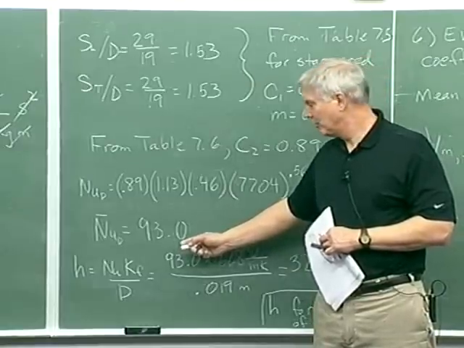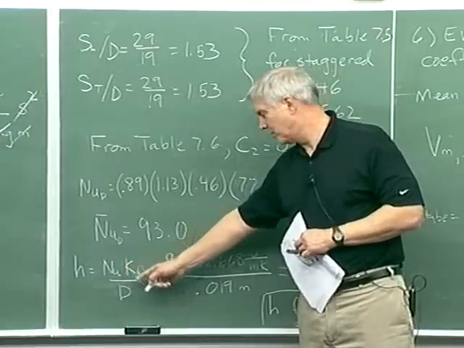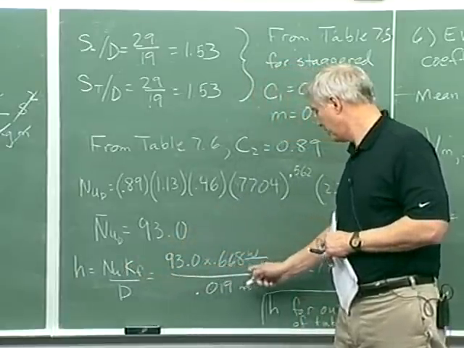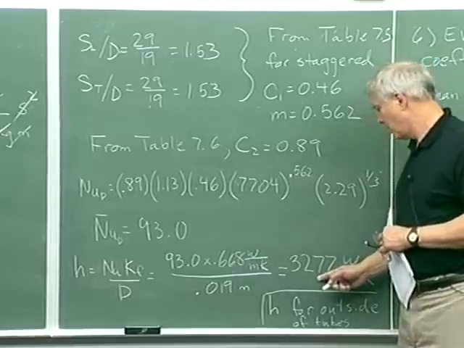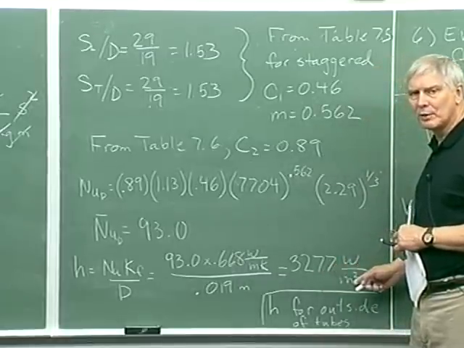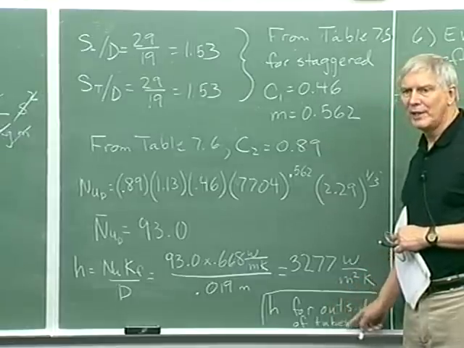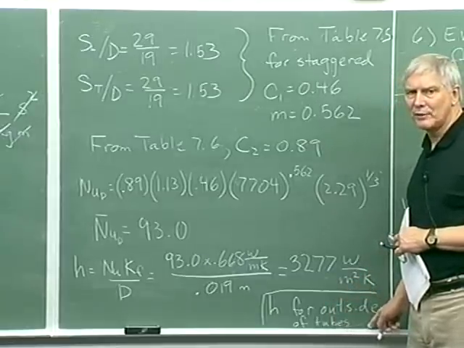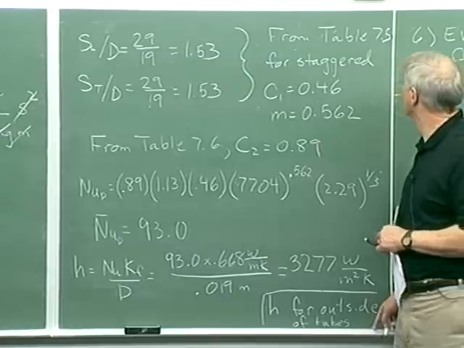Once we have the Nusselt number, we can calculate h, the heat transfer coefficient, and we end up with an h of 3277 watts per meter squared K. That's the heat transfer coefficient on the outside of the tubes, and we're going to use that later to calculate the overall heat transfer coefficient.